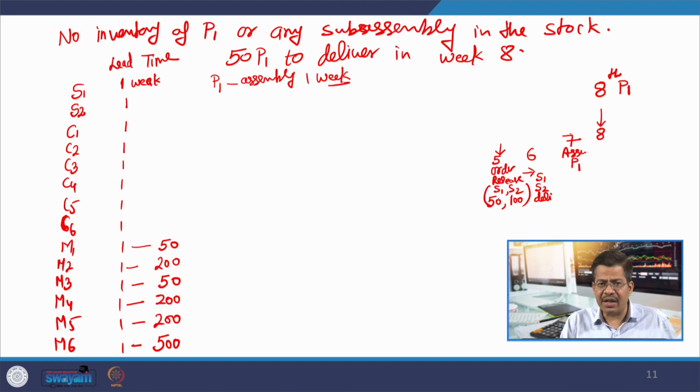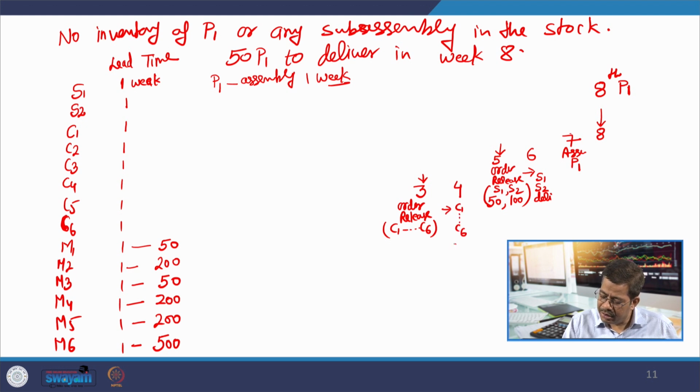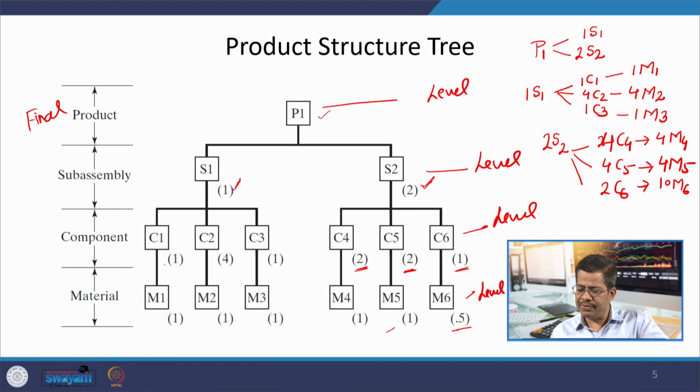Now, S1 and S2 will only come when they have their components, and so 4th period, rather 3rd period, order release. C1 to C6, 4th period C1 to C6 delivered. C1 to C6 are also taking 1 week, and C1 to C6 we know in how many quantities we need.